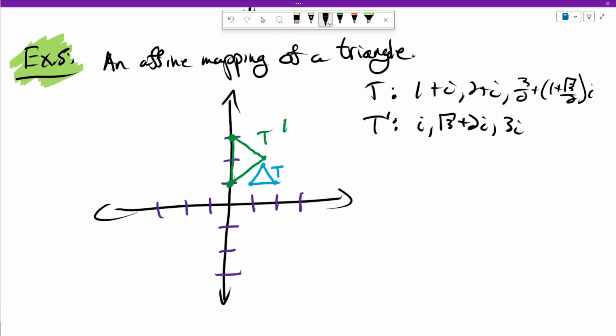That's all fine and good, but when we do that, it's going to be kind of unclear if it aligns perfectly, what the dilation factor should be, and so on. So I don't want to do that.